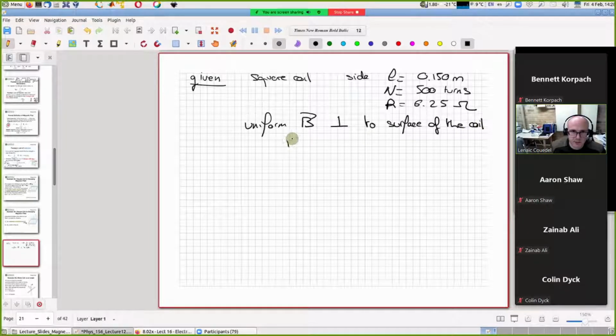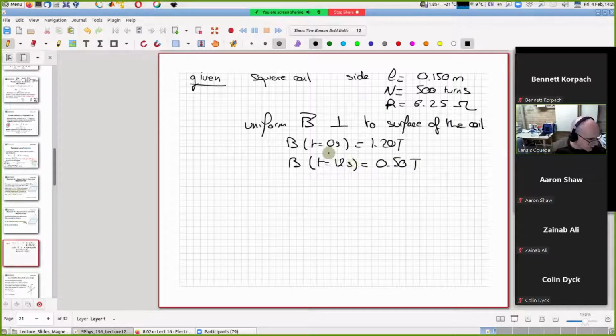B at t equals 0 seconds is equal to 1.20 Tesla, and B at t equal 12 seconds is equal to 0.50 Tesla. The first question we want to answer is the induced EMF. So how would you do that? Any ideas?